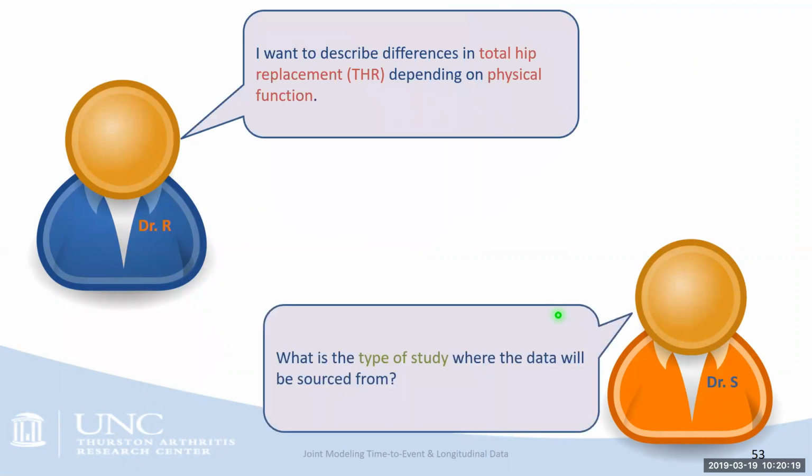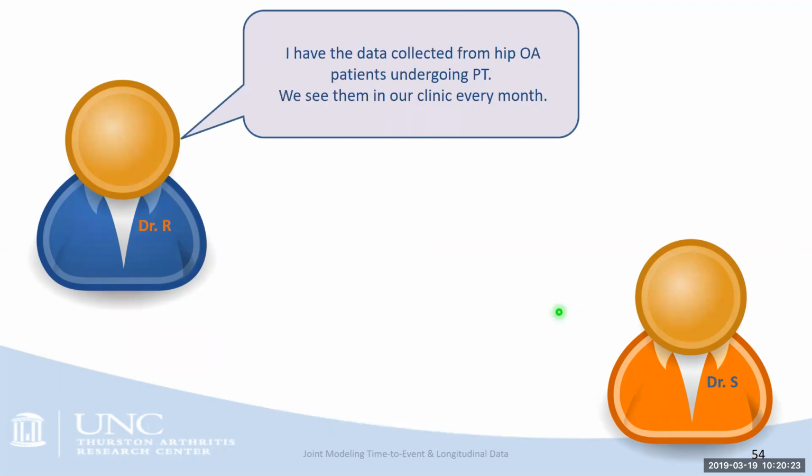What is the type of study where the data will be sourced from? Dr. R explains that the data were collected from hip OA patients undergoing physical therapy, and they see the patients every month. And now we understand that this is a longitudinal study because they see patients every month.